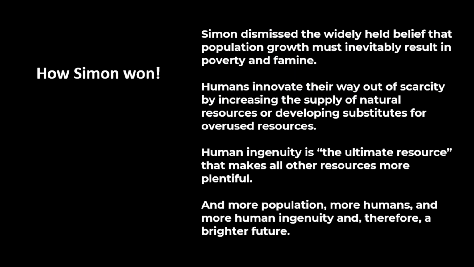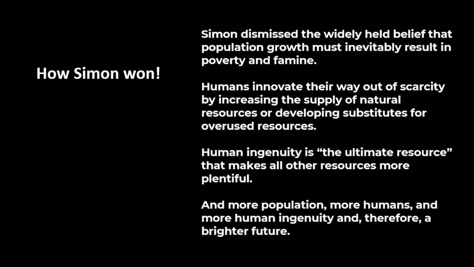Well, first off, Simon completely dismissed the idea that population growth has to inevitably result in poverty and famine, because human ingenuity is the ultimate resource. The reason we have not outgrown our food supply is that we're constantly being inventive about how we grow our food, raise our food, supply our food, distribute our food.